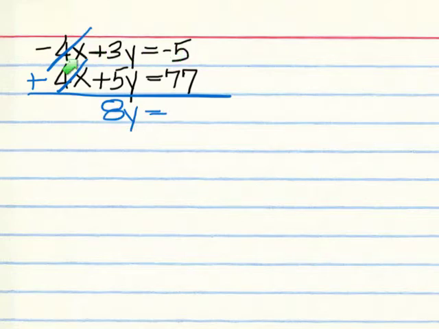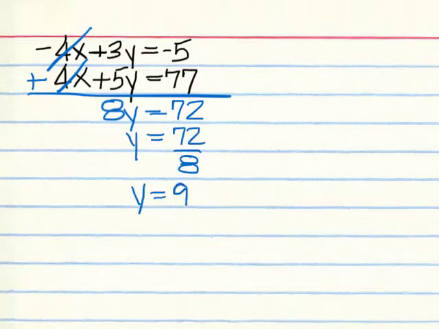And then -5 plus 77. -5 plus 77 is 72. Do the division, and you should get an answer of 9 for y.